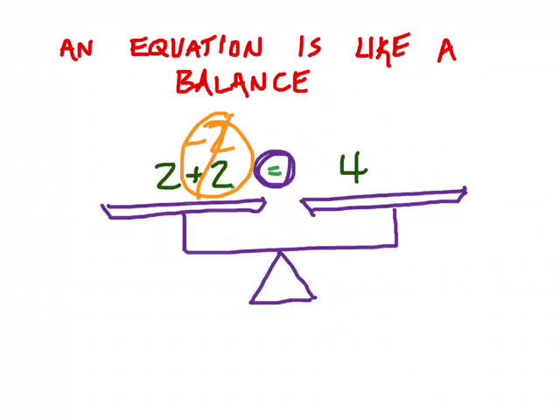If I've taken 2 away on this side, then I have to take 2 away on that side, and that will maintain my balance. So 2 does indeed have a value equal to 4 minus 2. Now my equation's back in balance.